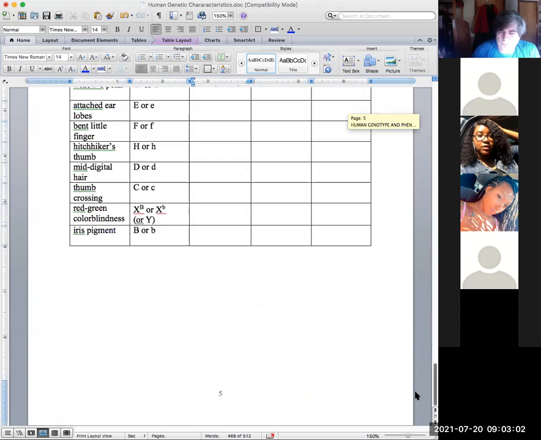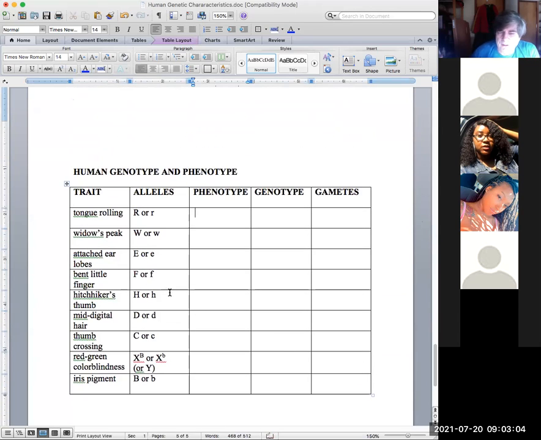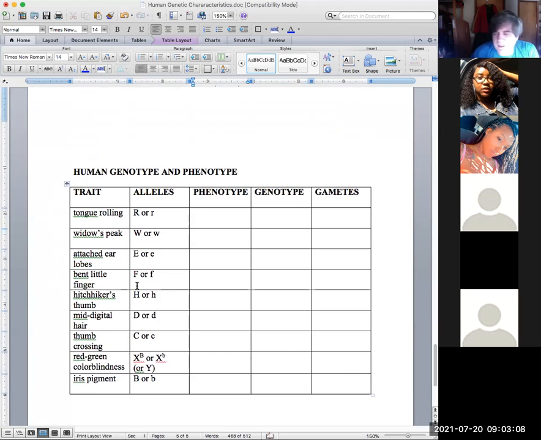So first of all, let's take a look at the chart. We have a chart and we're going to look at 9 characteristics that are all genetically determined in people. These are characteristics where basically there are 2 possible alleles. So you could think of this as 2 factors, like Mendel's factor for yellow peas versus green peas, or round peas versus wrinkled peas.